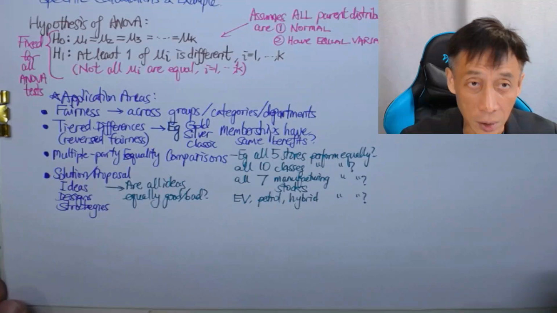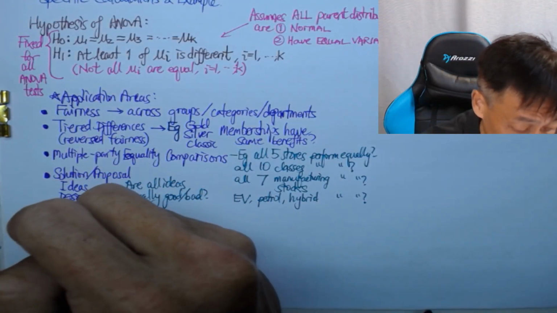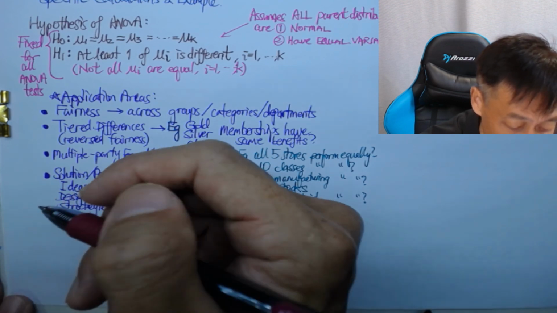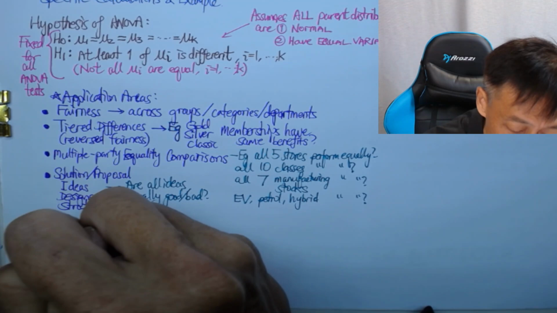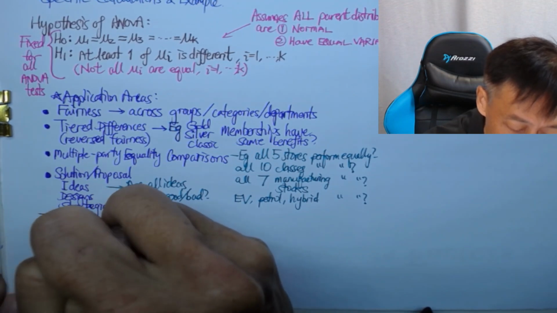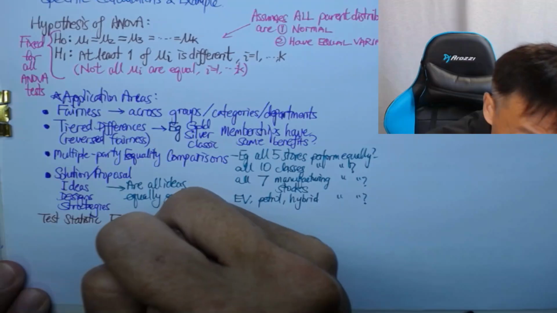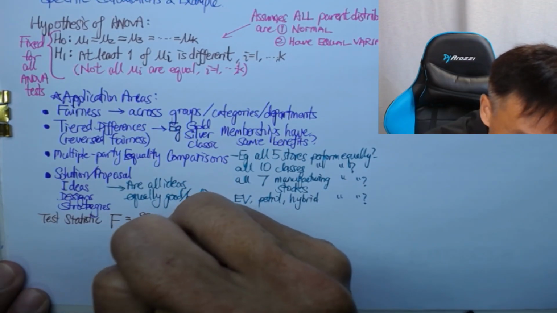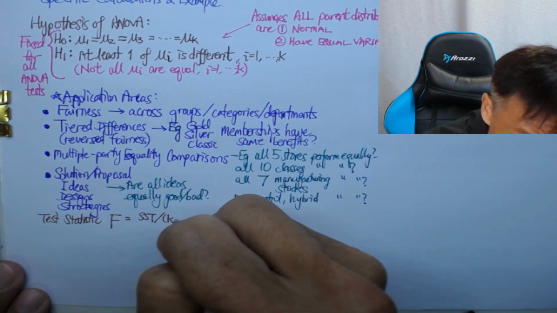The test statistic that we use is actually the F test statistic. And it is what we call SST over K minus 1.